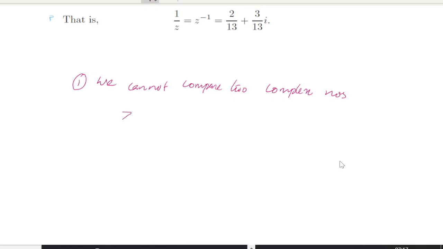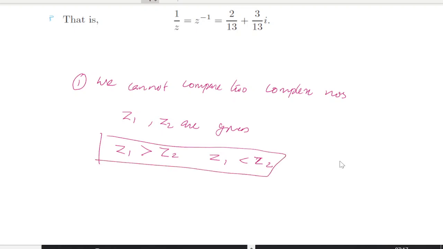That is, if z1 and z2 are given, then z1 greater than z2 or z1 less than z2, we cannot say in general like this. Such a thing is not possible, unless otherwise your z1 and z2 are pure real numbers.